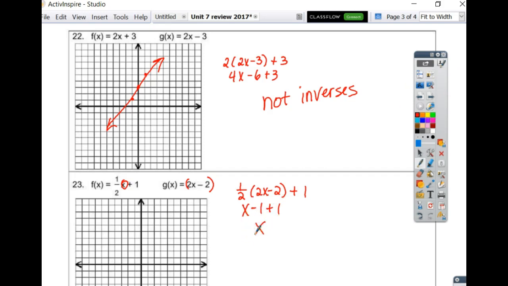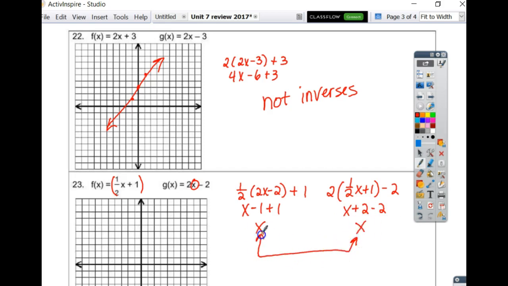So now I have to try it the other way and see if this is true. So 2 times a half is 1. 2 times 1 is 2. These cancel out. So these are inverses.